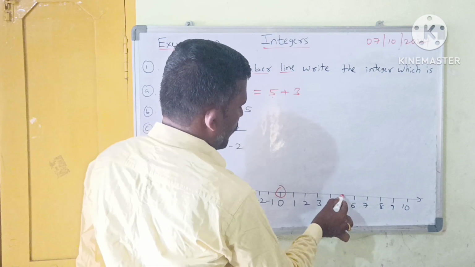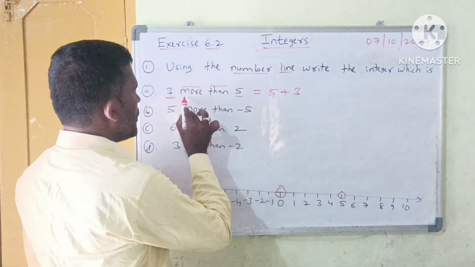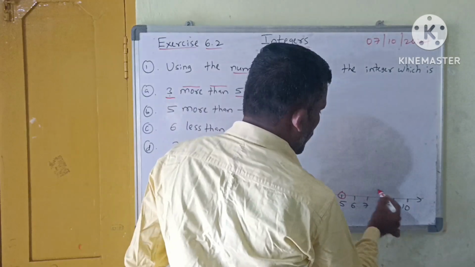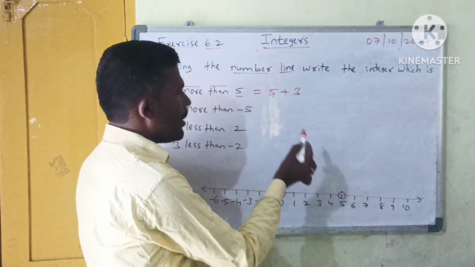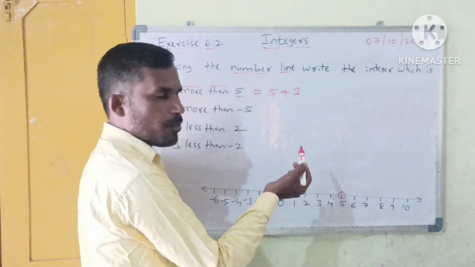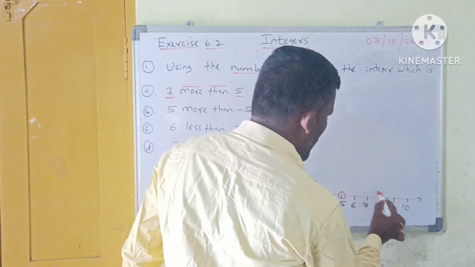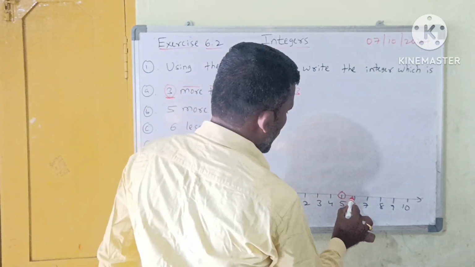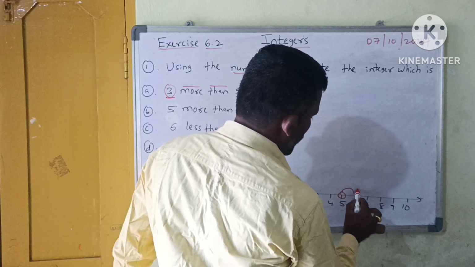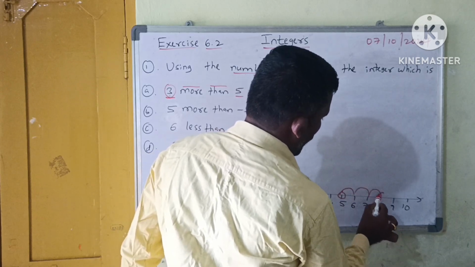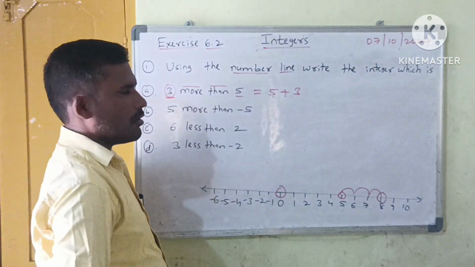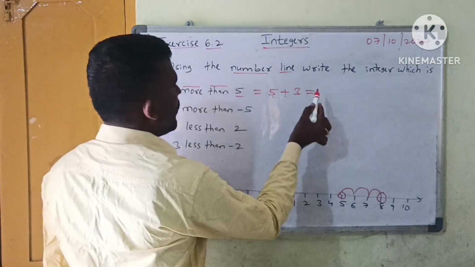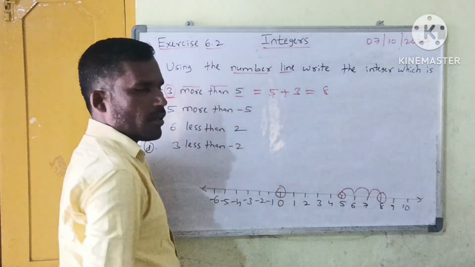More is nothing but plus, so from the 5 you have to move to the right side. How many steps do you have to move? 3 steps. Here 1, 2 and 3. Where do I stop here? 8. So therefore 5 plus 3, or 3 more than 5, is 8. Answer.